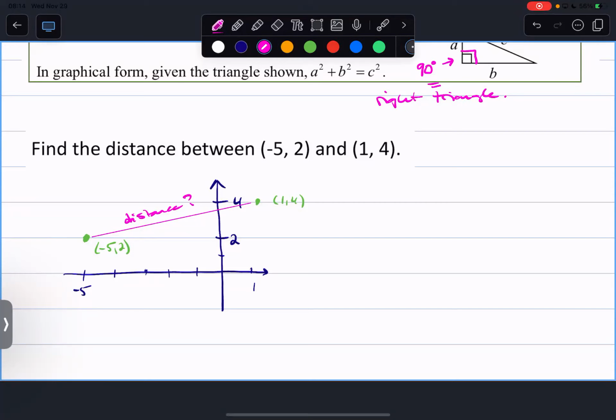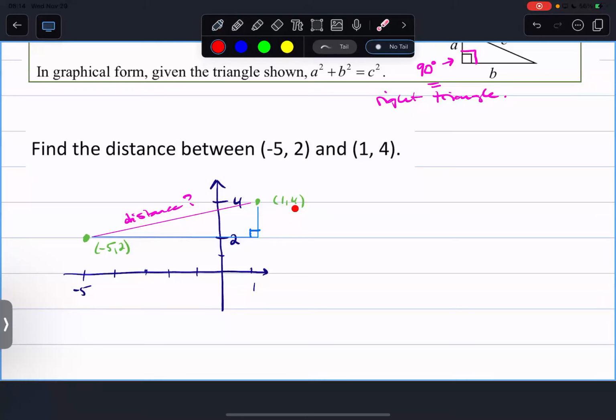All right, we can find this distance, and then we can find this distance, and then all of a sudden we have created a right triangle, which we know how to work with, right? So think about how you would find each of these distances.